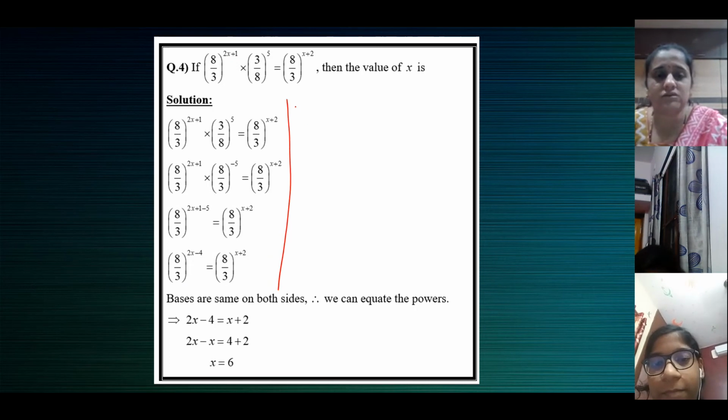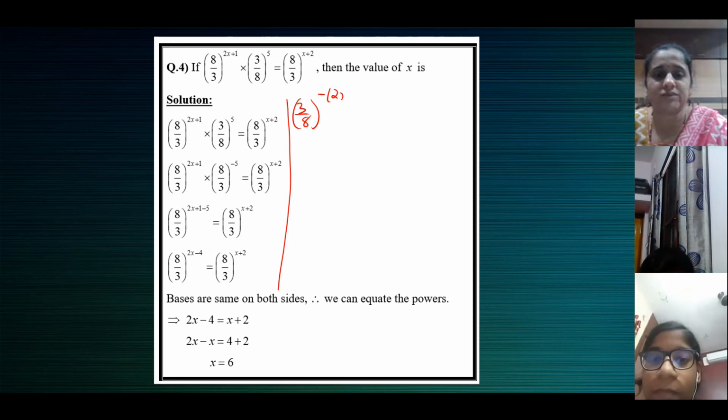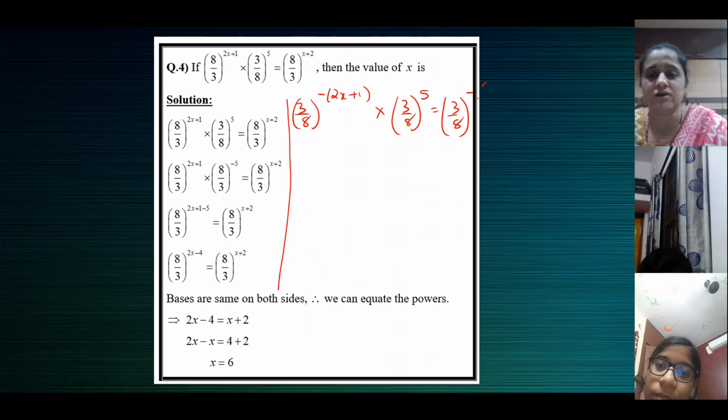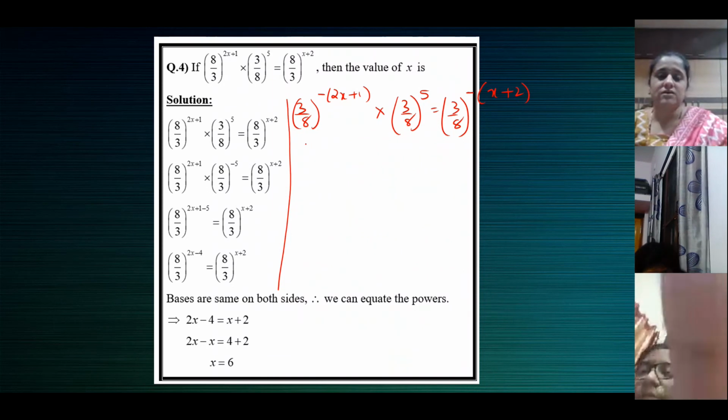Please help me, children. 3 by 8 to the power minus of 2x plus 1 into 3 by 8 to the power 5 is equal to 3 by 8 to the power minus of x plus 2, correct? Yes, ma'am.